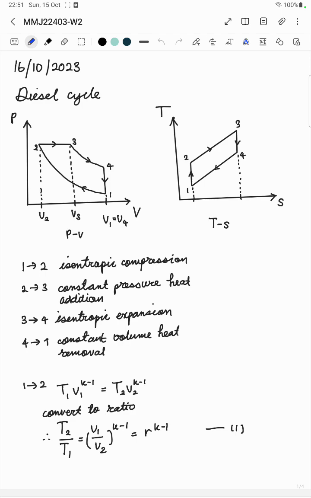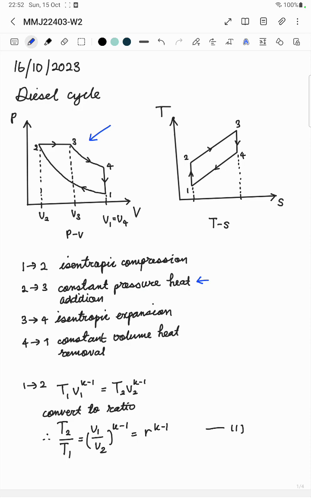So let's go through the diesel cycle. First off, you should be able to notice the cycle, the PV diagram. The difference between diesel cycle and Otto cycle is that the heat addition process, which is the process of 2 to 3, is a constant pressure process, or a constant pressure step.